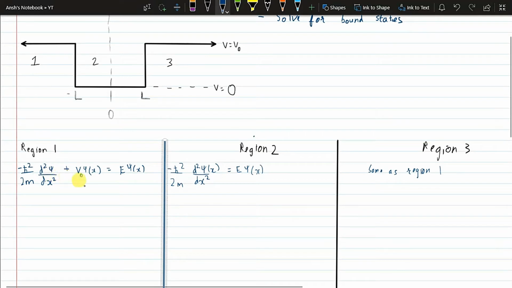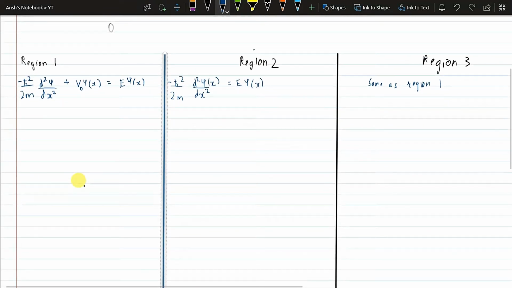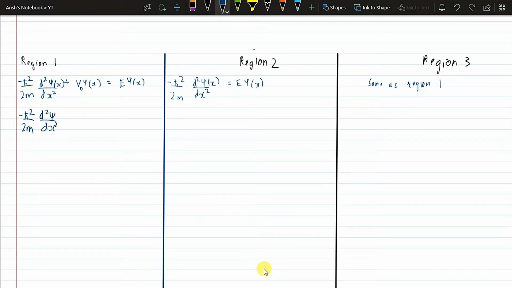So we write down the Schrodinger equation right here, and we'll repeat some steps that we did with the infinite potential well. So this becomes minus h bar squared upon 2m d squared psi upon dx squared. Please note that we'll stop writing the x in the bracket right here, and we'll keep in mind the fact that psi is a function of x, so that the equations don't get too cluttered.